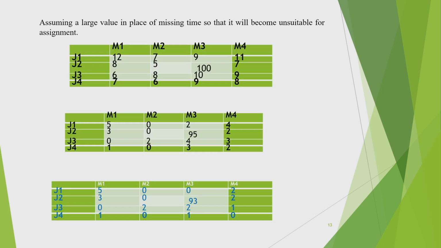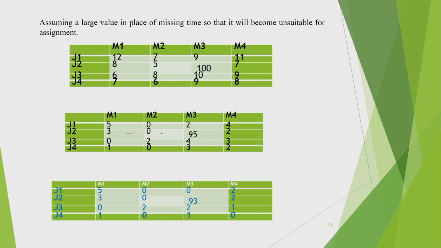So assuming a large value in place of the missing time, so that it becomes unsuitable for assignment, I have added 100 here. And then follow the same method. Step 1: in each row, subtract the lowest value. Suppose here it is 7, so subtract 7 from each element: 12 minus 7 is 5, then 0, 2, 4. Here the smallest value is 5, so 8 minus 5 is 3, this is 0, this is 95, 2, and like that.